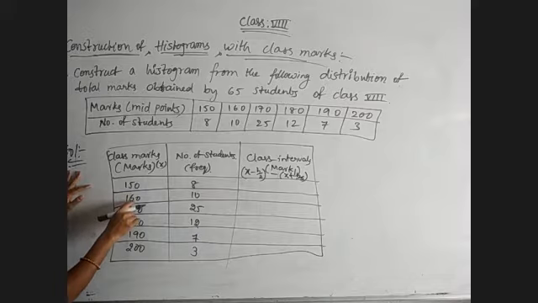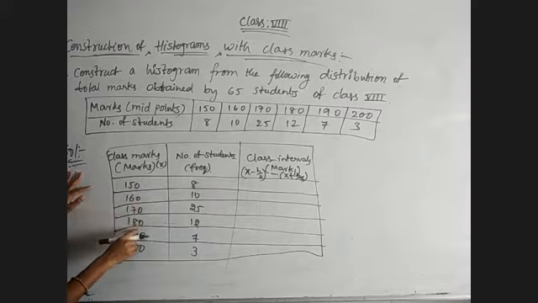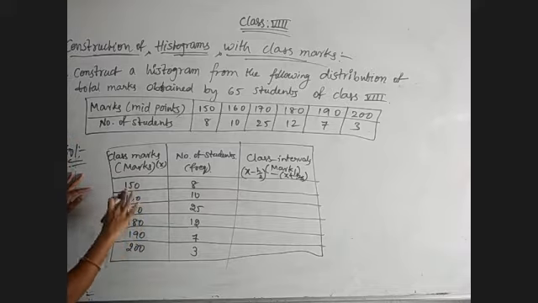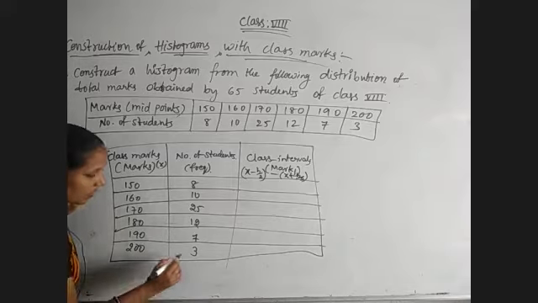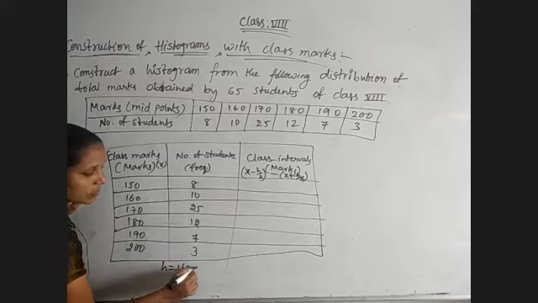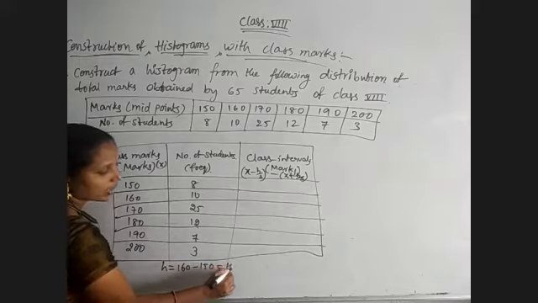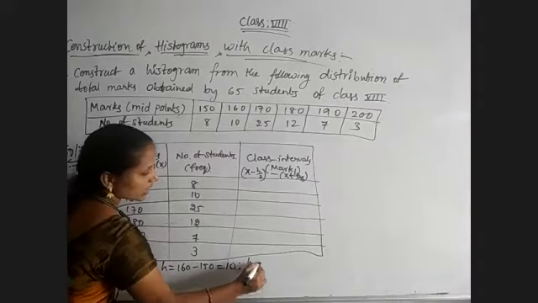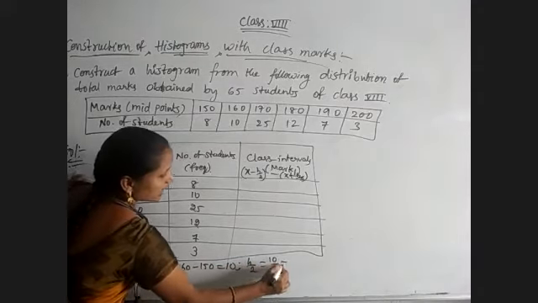The difference between 160 and 150 is 10, 170 to 160 is 10, 180 to 170 is 10, 200 to 190 is 10 itself. So between each successive class marks the difference is 10 only. So h is equal to 160 minus 150, which is 10. But we want h by 2, that is 10 by 2, which is 5.